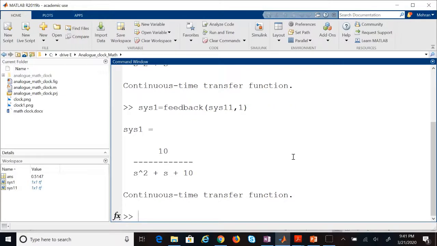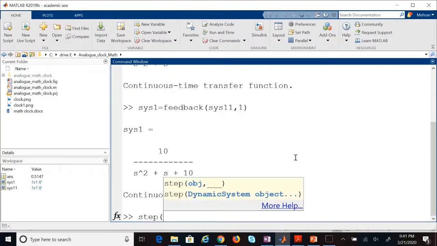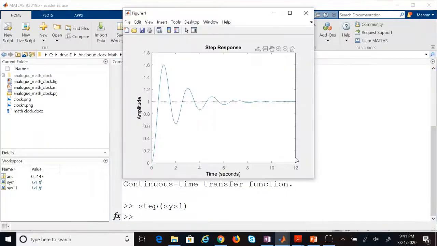So that is the actual transfer function of the closed loop system before we added the compensator. And this is the actual step response of that system. You clearly see instead of 1, it goes to 1.6, so it has 60% overshoot, and it's quite slow, almost like after 12, 13, 14 seconds, it kind of settles down.